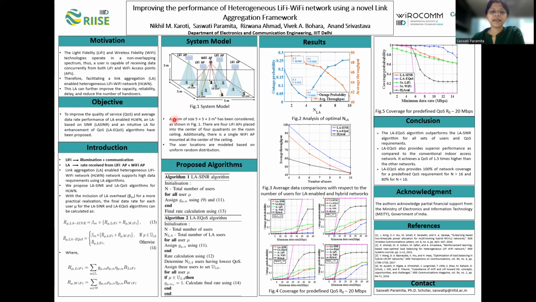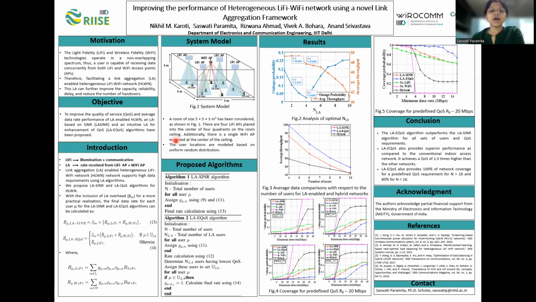Link aggregation is the technique which provides the rate from the LiFi AP and Wi-Fi AP together. That means the user will get the connection concurrently from the LiFi AP and Wi-Fi AP. Therefore, this network is known as link aggregation enabled heterogeneous LiFi-WiFi network.